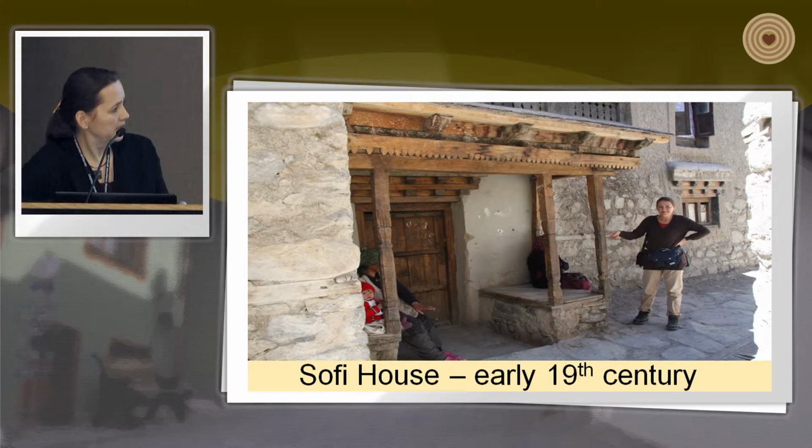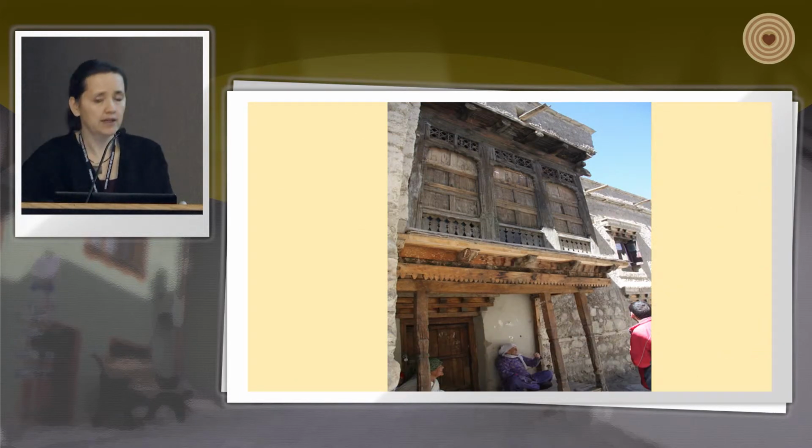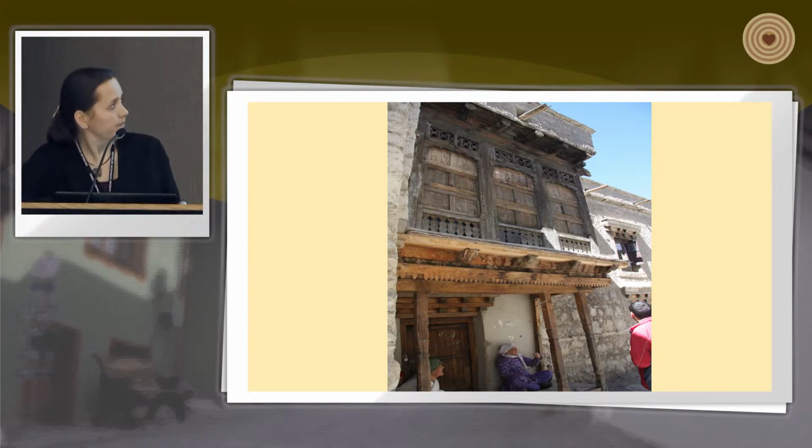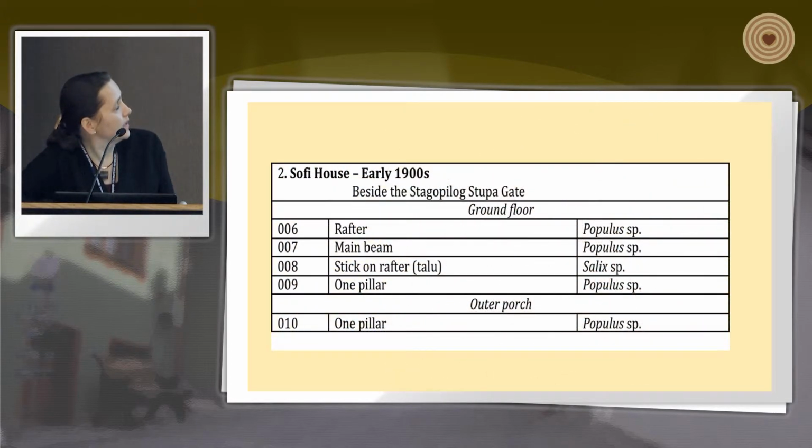This is another house, the Sophia House, which is owned by a Kashmiri. So this is a Muslim, and also in Ladakh, Muslims and Buddhists live peacefully together. Here the identification showed poplar, and only on the ceiling is willow.